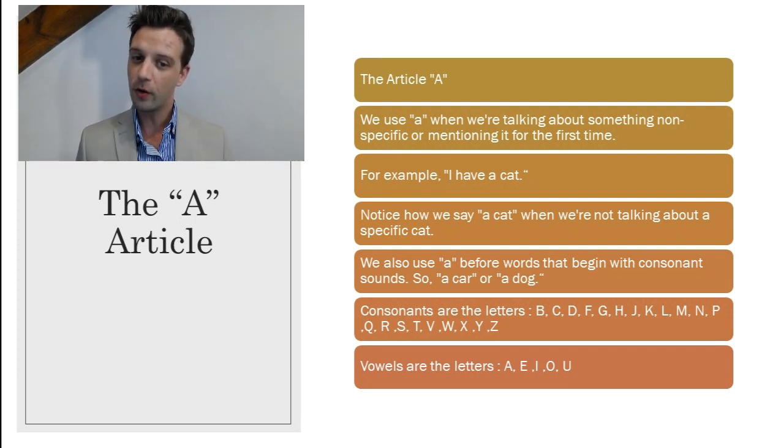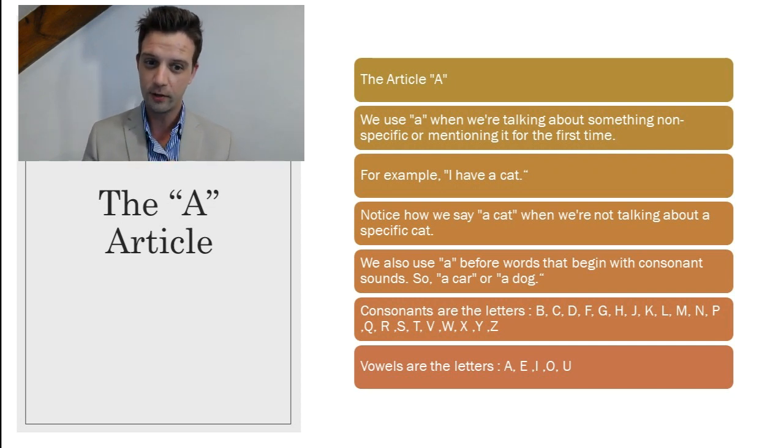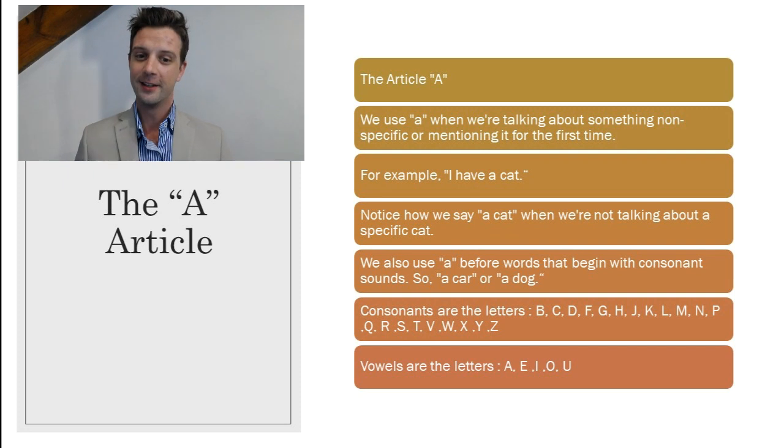We also use a before words that start with a consonant sound. So what are consonant sounds? Consonant sounds are sounds starting with the letters B, C, D, F, G, H, J, K, L, M, N, P, Q, R, S, T, V, W, X, Y, and Z. I've written them there for you.